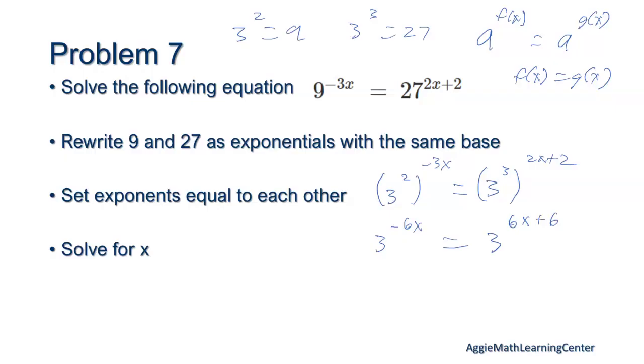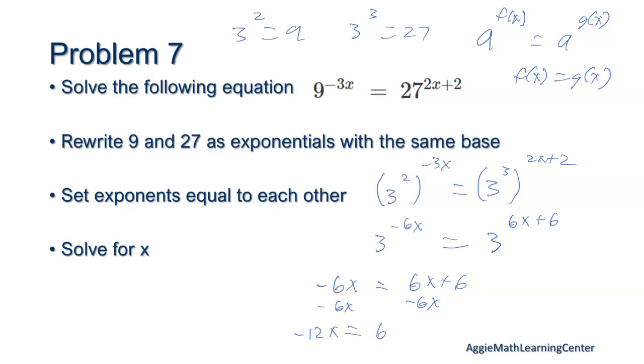Now they have the same bases, so we know that whatever is in their exponents is going to be equal to each other. So we have negative 6x equals 6x plus 6. If we solve this, we can subtract 6x from both sides, and we're left with negative 12x equals 6.